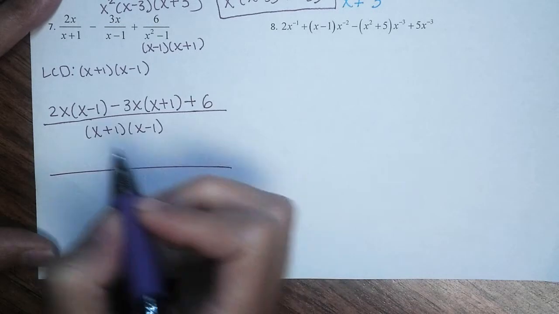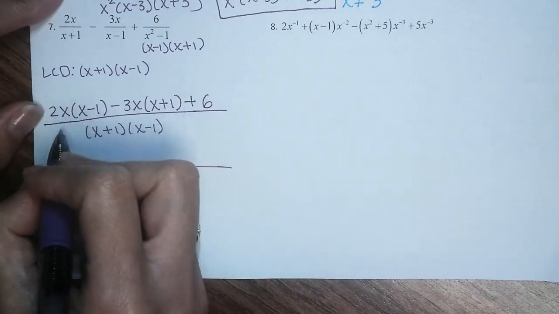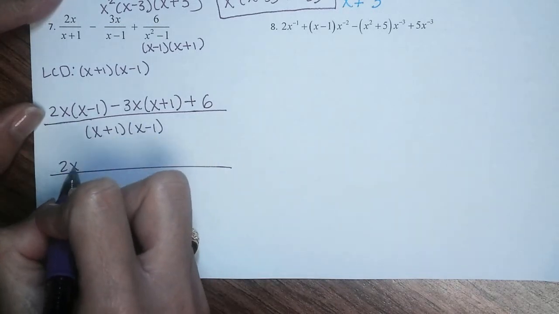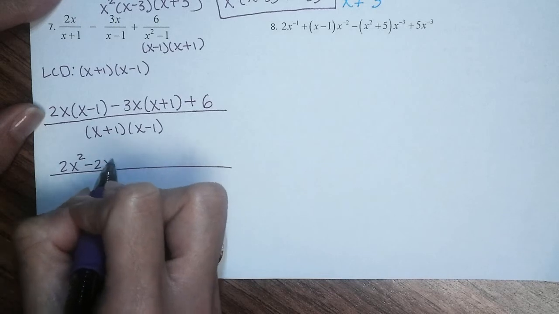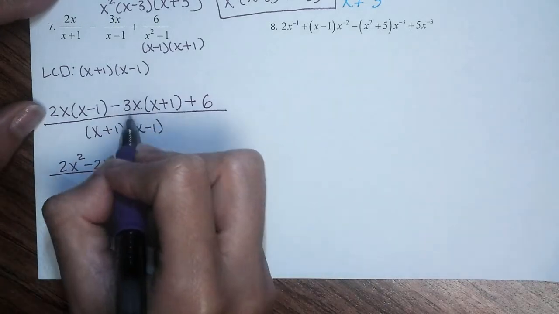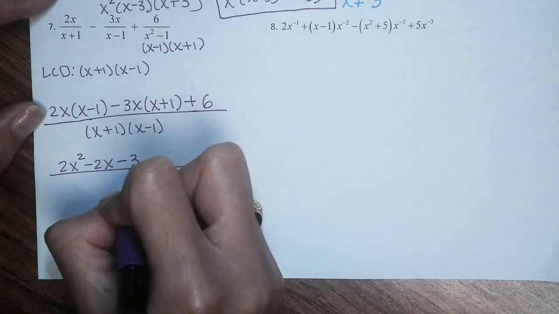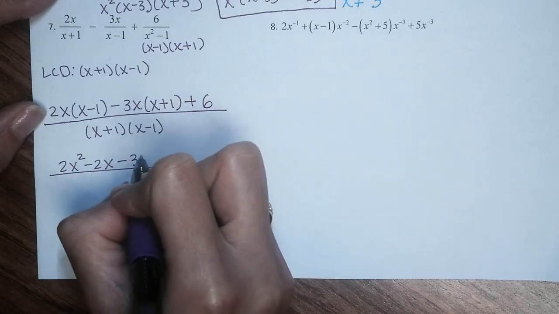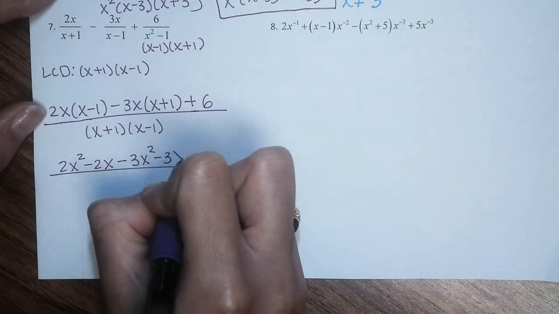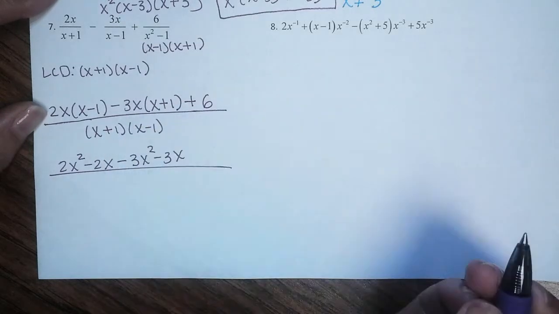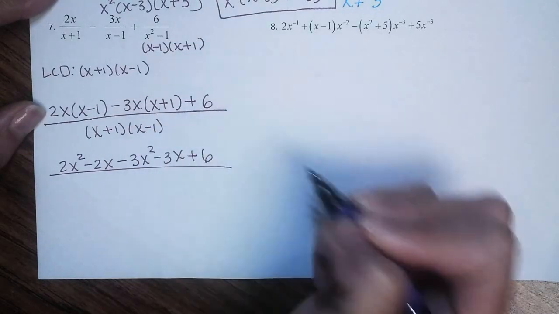So this will be 2x squared minus 2x. Carefully distribute the minus 3x. Minus 3x squared minus 3x plus 6.